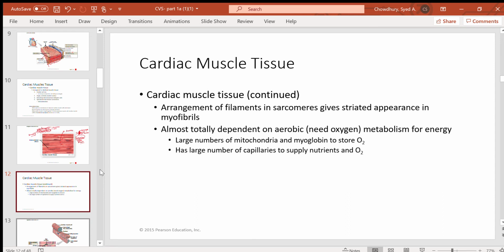So no rest, it is contracting and relaxing, pumping 24 hours throughout life. Even when you are sleeping, your heart is working the same way, right? So it needs a continuous supply and a lot of oxygen and nutrients. When you sleep, other organs slow down, but the heart cannot do that.